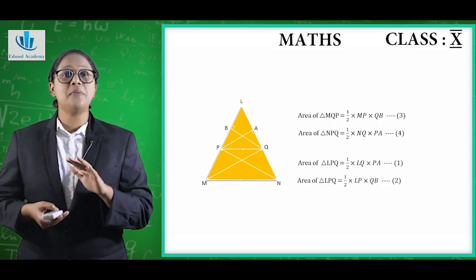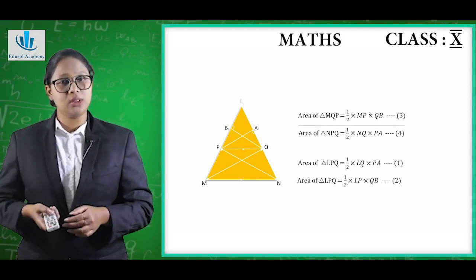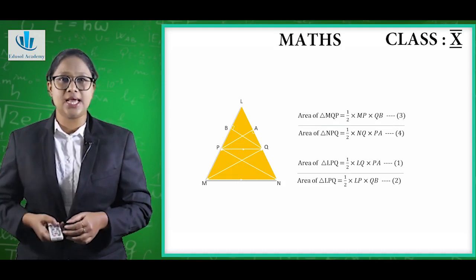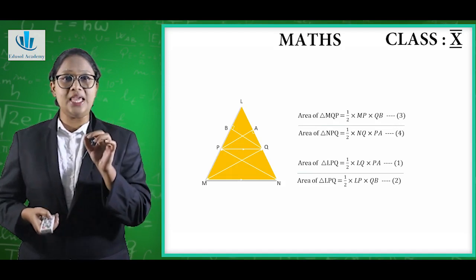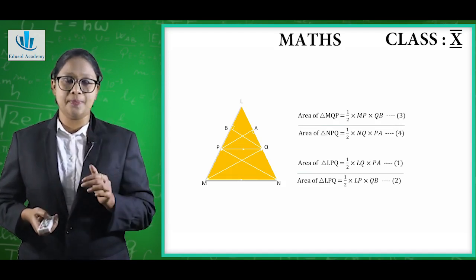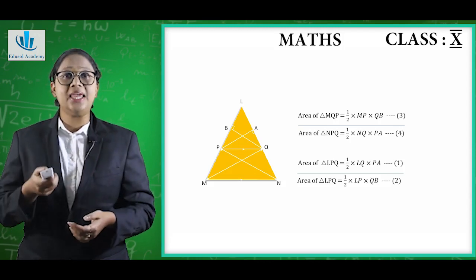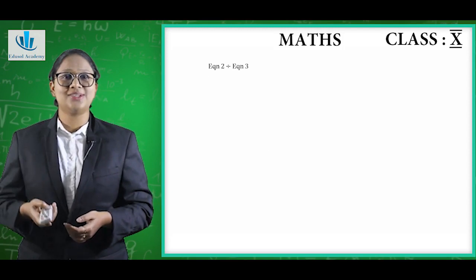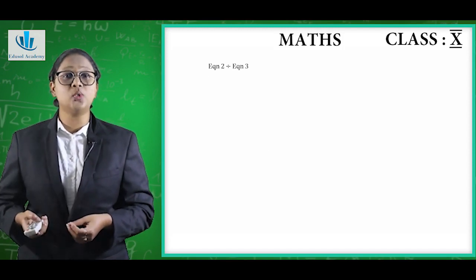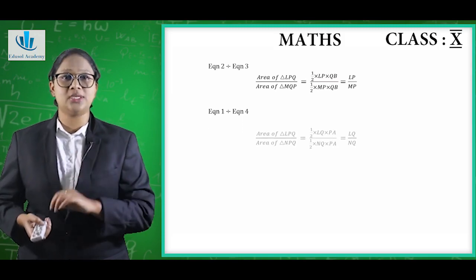Now we'll have to combine equations 1, 2, 3 and 4. Examining all these four equations, we can see that equation 2 and equation 3 are having QB as common, as you can see. So equation 1 and 4 similarly is having PA as common. Now the next procedure is to divide equation 2 by equation 3 and equation 1 by equation 4.